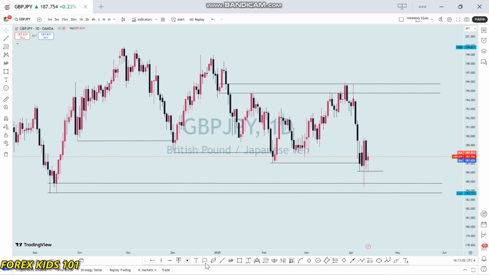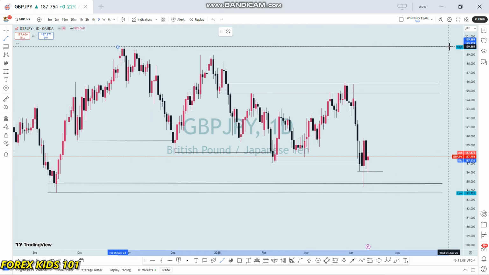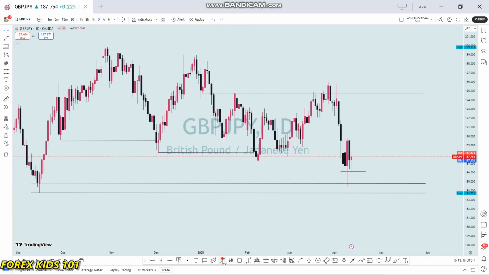And then lastly, I'll look at the high of that zone, which is going to be followed by this zone here.